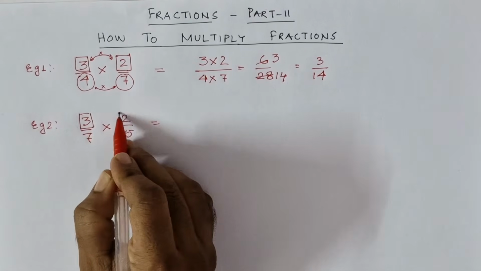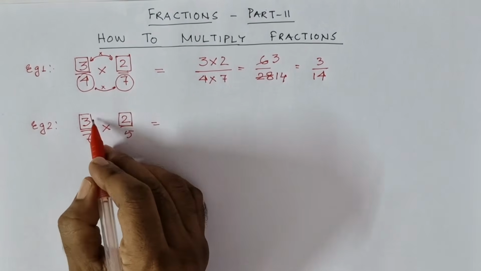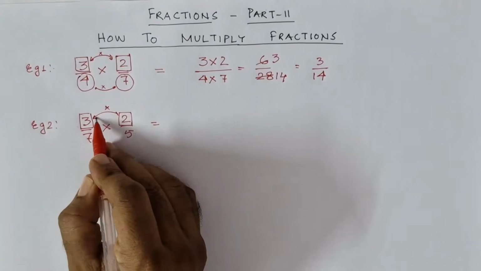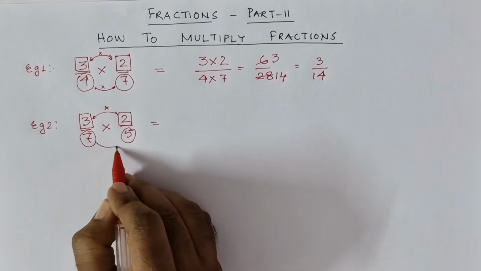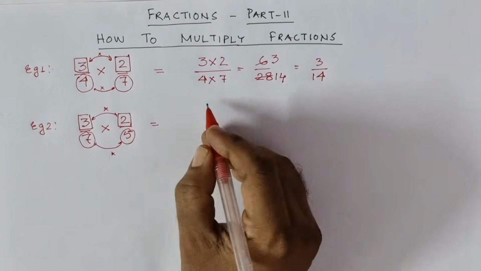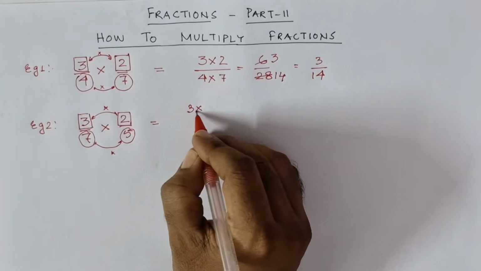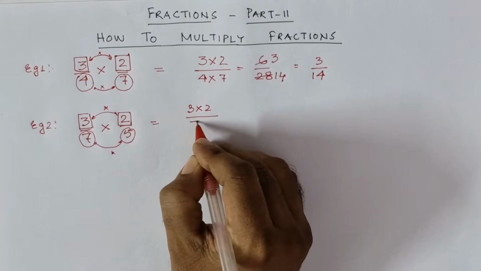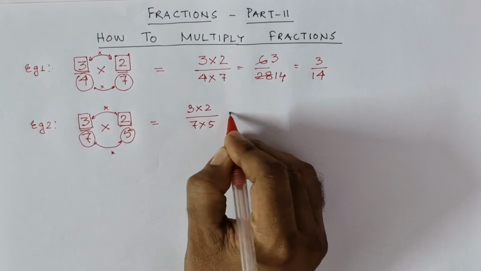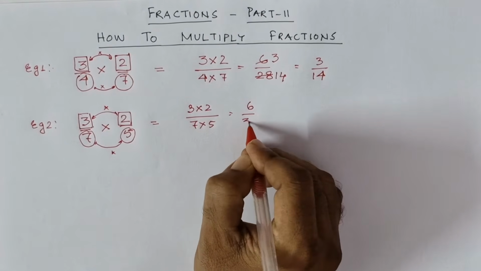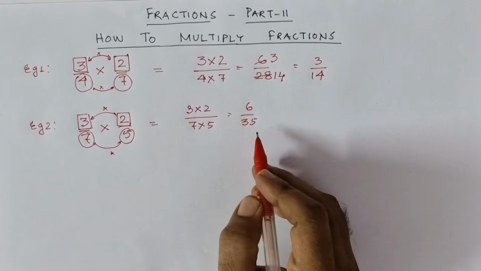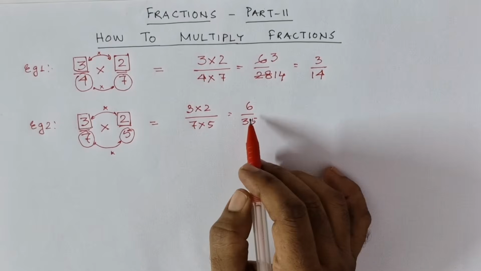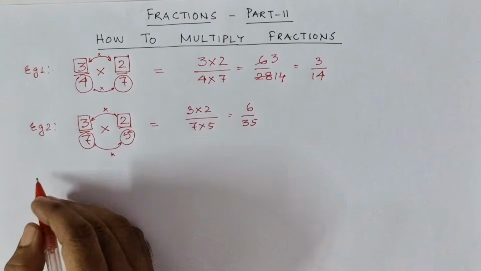Mark the numerators, multiply them, divided by, mark the denominators, multiply them. So 3 multiplied by 2 divided by 7 multiplied by 5, that is 6 by 35. Got it? Very simple. Now there is no scope of simplification, so keep it as it is.